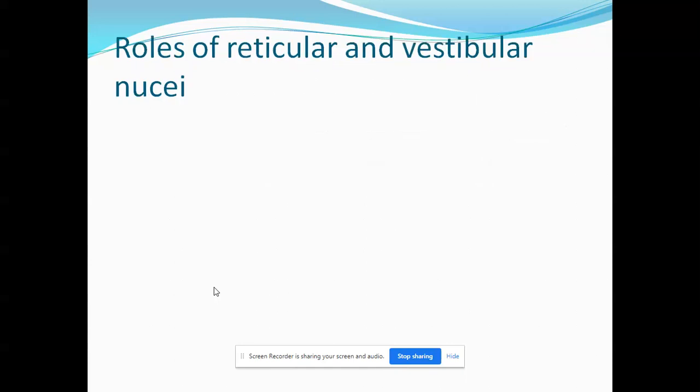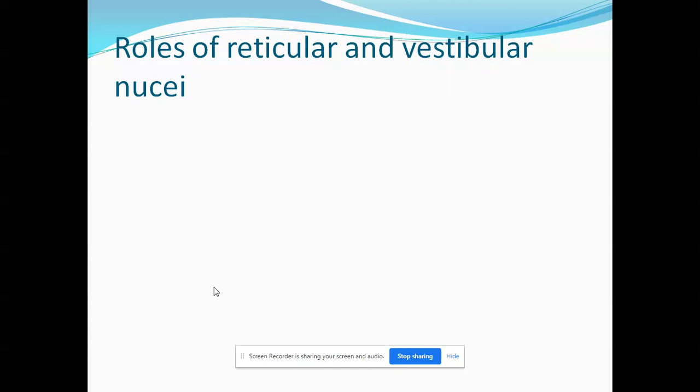Coming to the roles of nuclei, that is reticular and vestibular nuclei. Sorry for the spelling mistake. These reticular and vestibular nuclei are very important in maintaining posture, in maintaining an erect posture. How? There are two types of reticular nuclei, and vestibular nuclei also have two types.